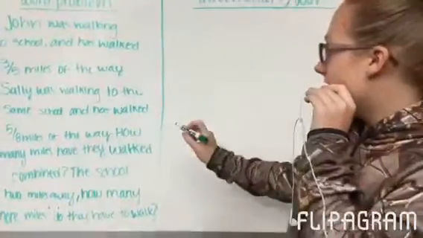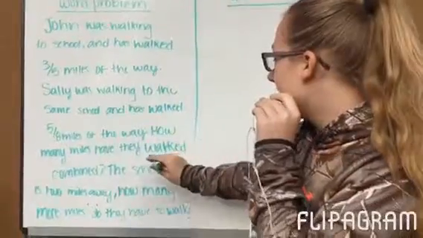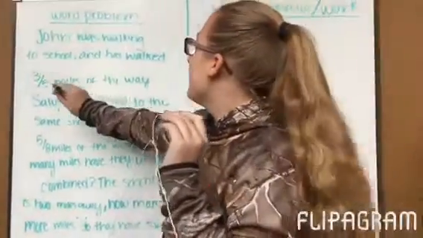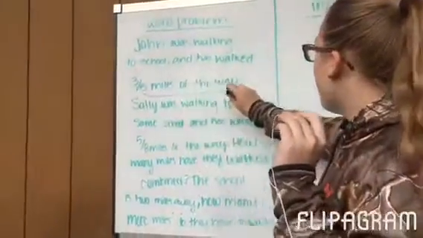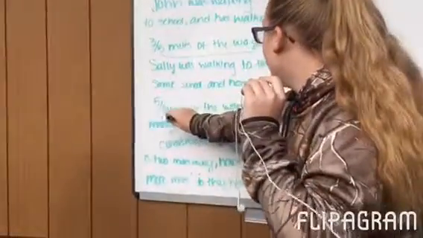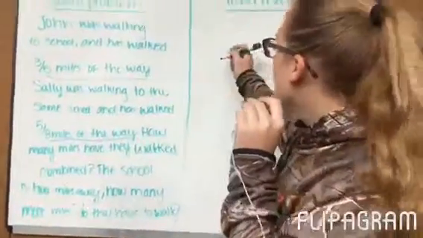Okay, so let's start with the question, how many miles have they walked combined? So let's start by pulling out 3/5 of the mile away and 5/8 of the mile of the way. So then let's write that out.